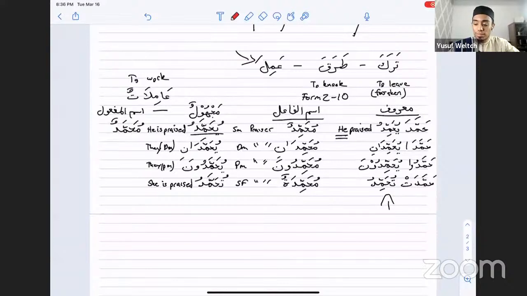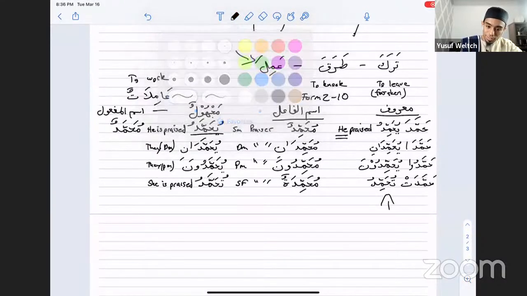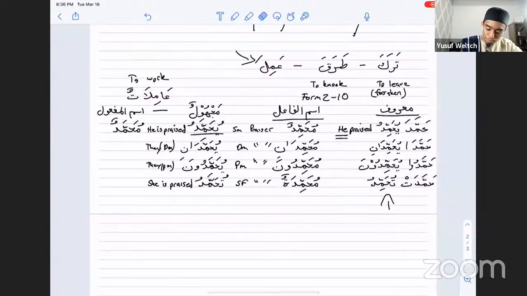So Muhammadun, the name of our Prophet sallallahu alaihi wasallam, is from form 2 of Hamida, and it's ism al-maf'ul of form 2. And then if you're talking about multiple people named Muhammad, the same thing applies. Muhammadani, Muhammaduna, and Muhammadatun. Muhammadatun would be a female who is constantly praised.